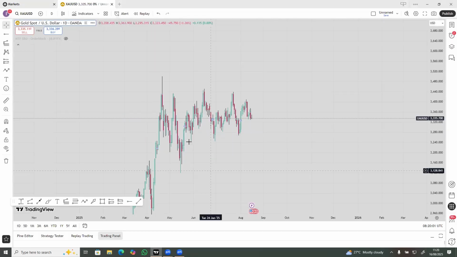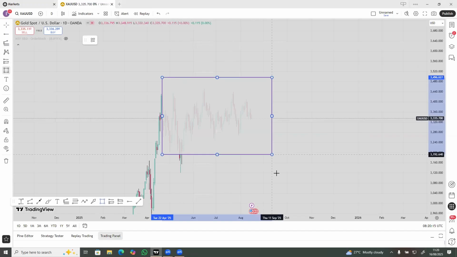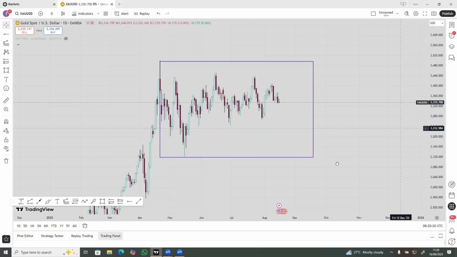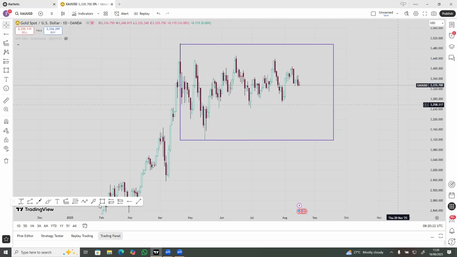You can see we are in that phase. Tupo katika hiyo phase hapo. Phase moja ni hatari, but it is accumulation phase.